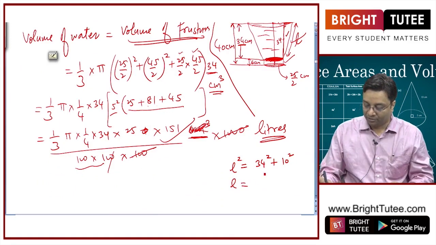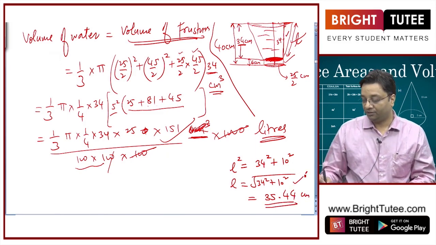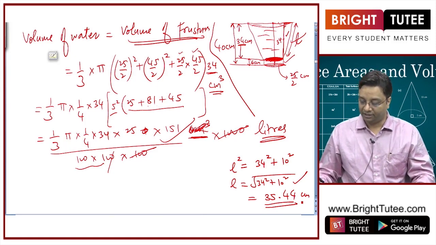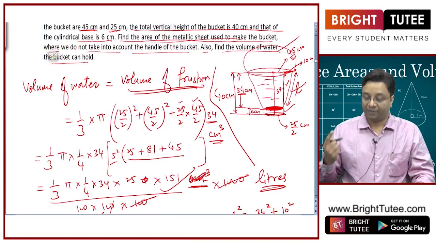If I take the square root, it is approximately equal to 35.44 centimeter, right. I want you to do the approximation yourself. So now I have got the slant height of this frustum part.